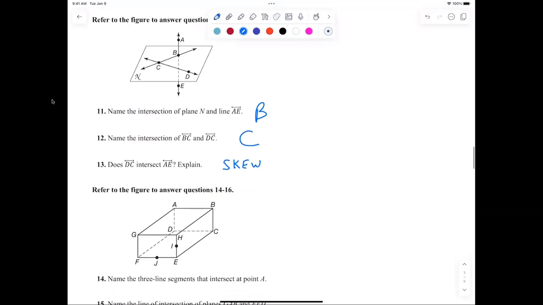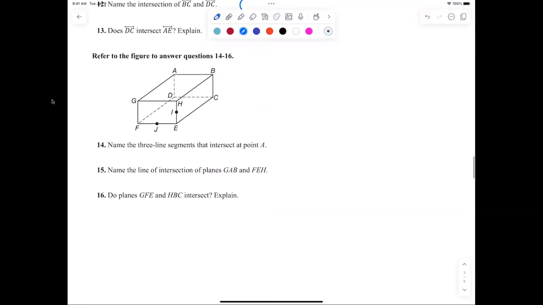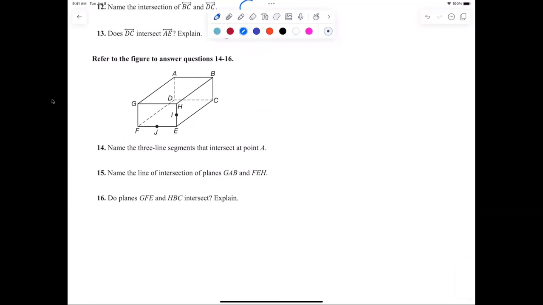All right, now another good figure here. Name the three line segments that intersect at point A. I have a DC and an F so far.